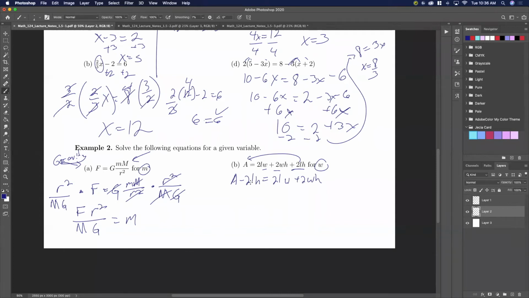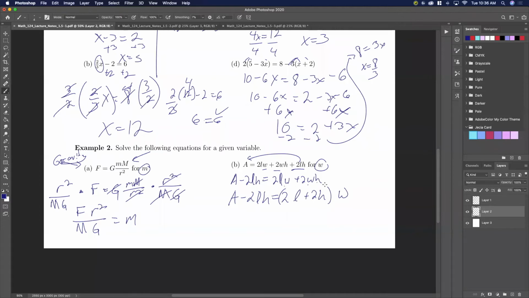And let me use a cursive L for this problem. All right. Then notice here I can factor out a W. W times 2L plus 2H. And then I'm pulling a W out of both.